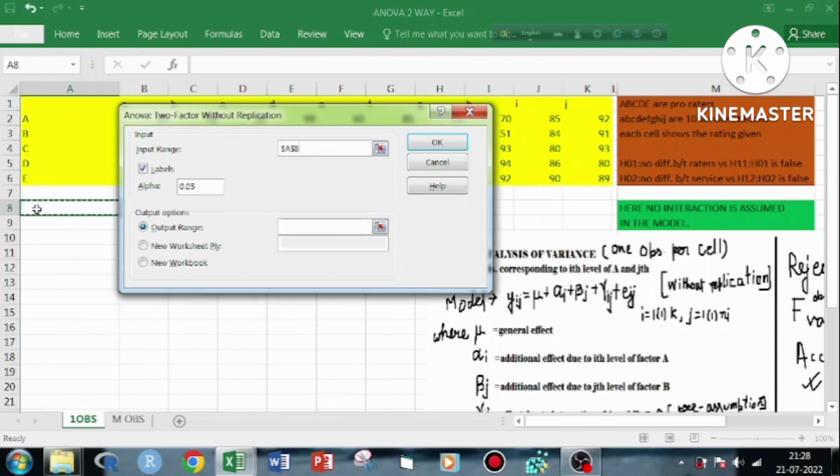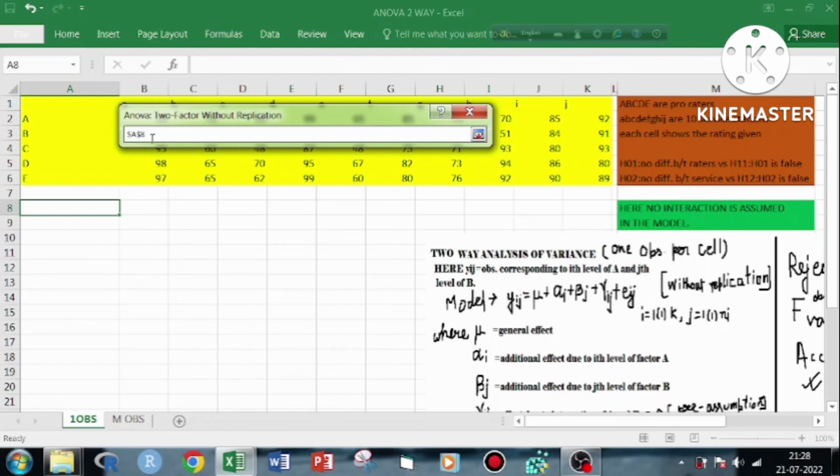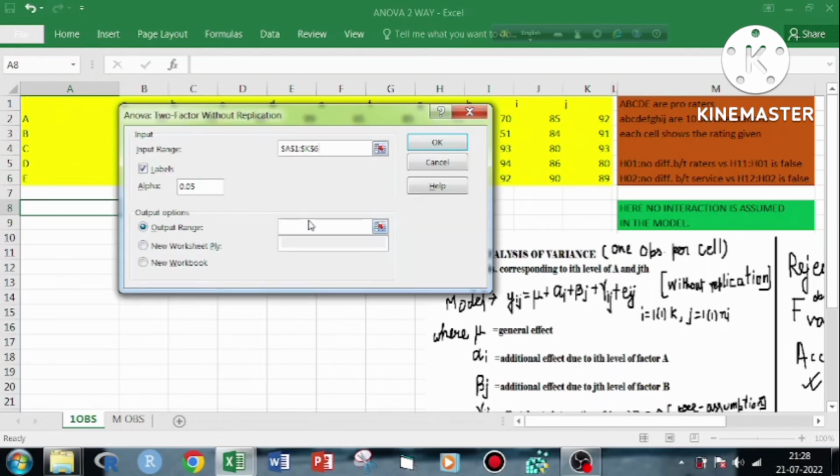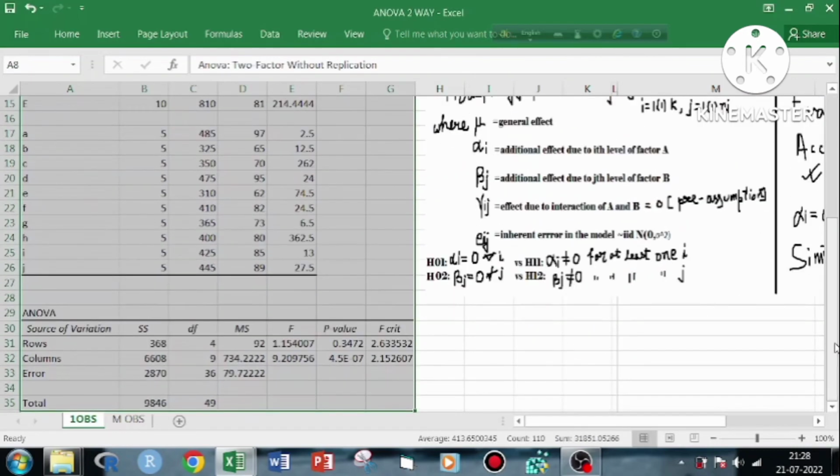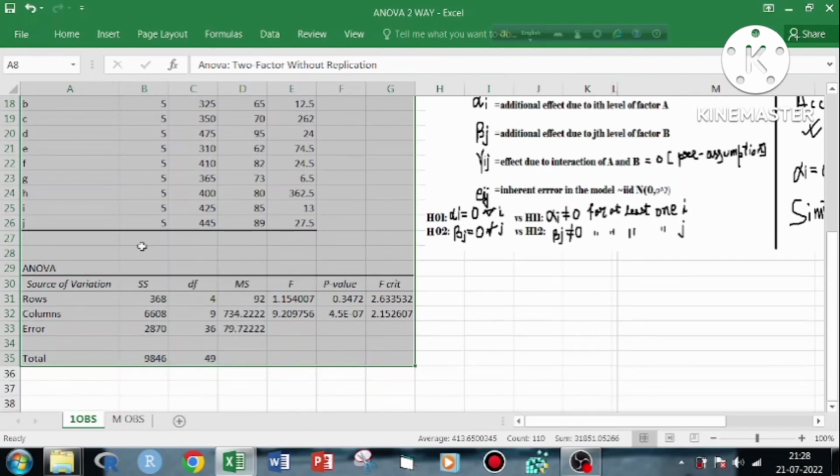Oh, sorry. You have to be a bit careful while doing this. Okay, there we go. We have our Anova table.